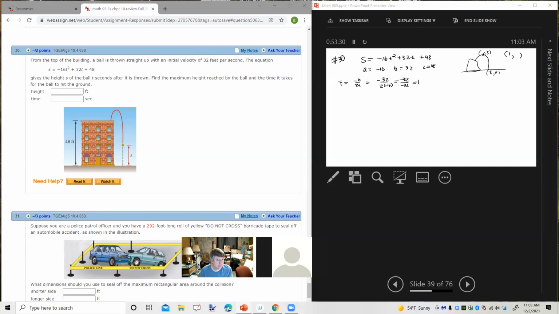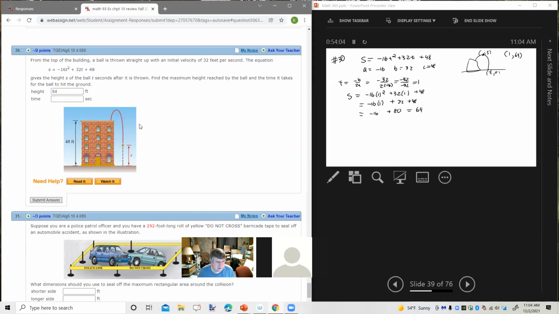They don't ask for that though, but we need that because now we're going to go back and put 1 second in for time, which is negative 16 times 1 plus 32 plus 48, which is negative 16 plus what, 80, which is what, 64. Okay, so the height is 64 feet.